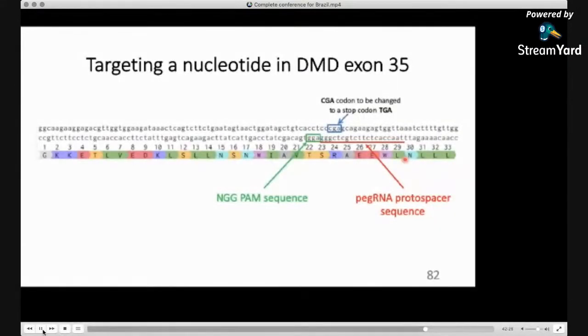So in each case, we had to identify an NGG PAM, identify the PEG RNA protospacer sequence, and then modify the reverse transcriptase template so as to modify a codon for an amino acid into a stop codon. In this case, we have changed cytidine to thymine to introduce the TGA stop codon.